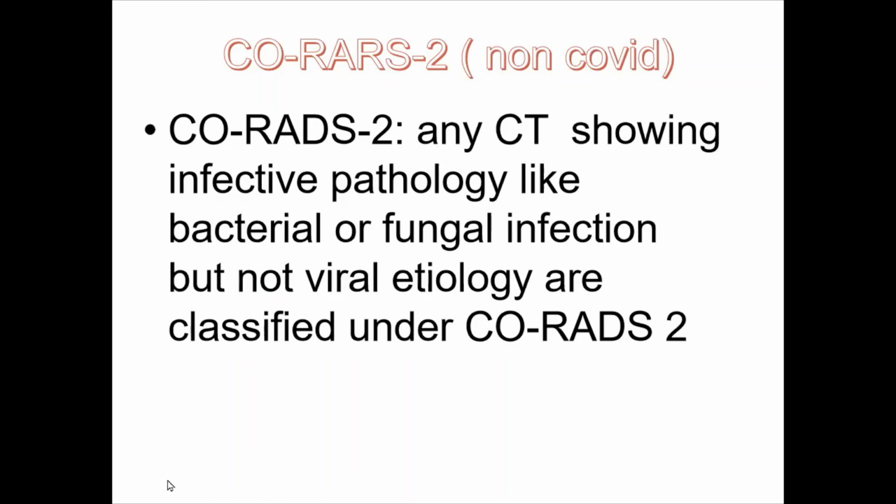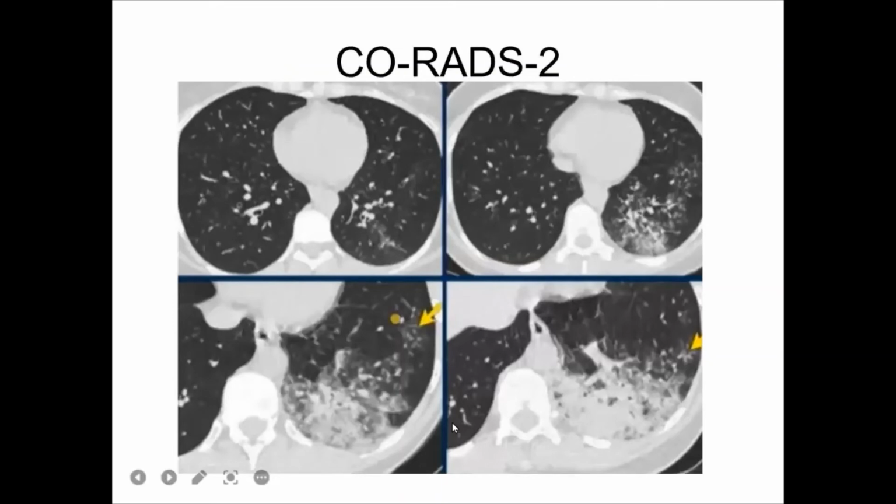So let us move further. This section is taken from a patient having a bacterial infection. Here you can see the right lung is not at all involved, and the upper portion of the left lung is not involved. Here you can see the basal area is involved, and this is most commonly seen in bacterial pathology.